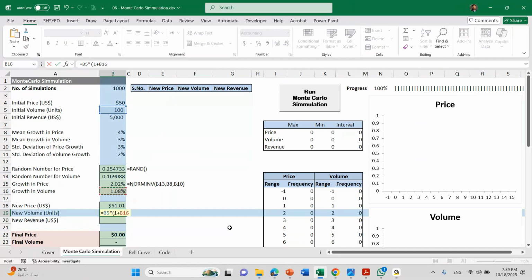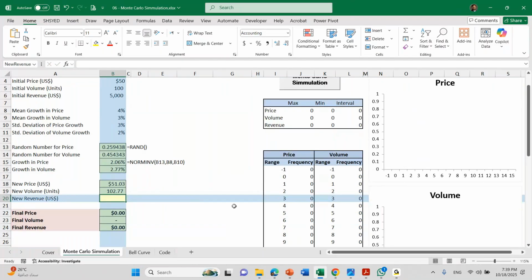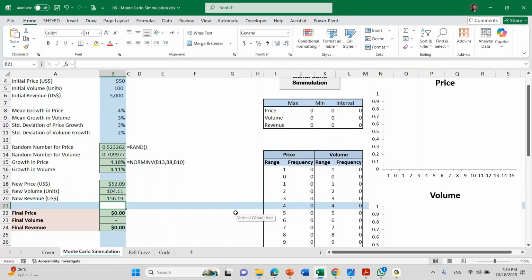So this will give me the new volume. Given these two values now, I can calculate the revenue by multiplying these two values together. My new price multiplied by my new volume. And that is the new revenue.